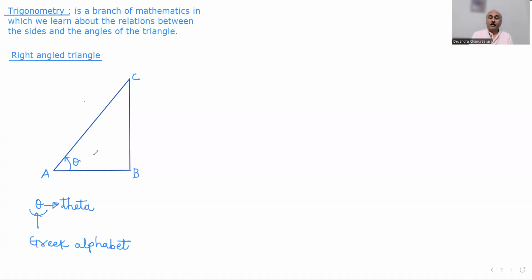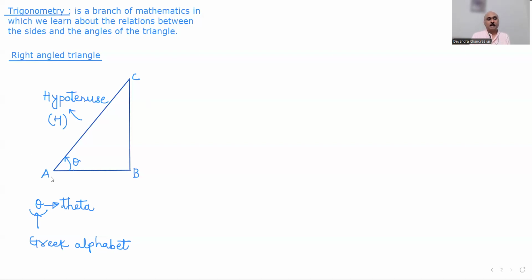So according to the angle chosen, every side of the triangle has a unique name. This side AC is called as hypotenuse. So what is hypotenuse? Hypotenuse is the longest side of the triangle, right?